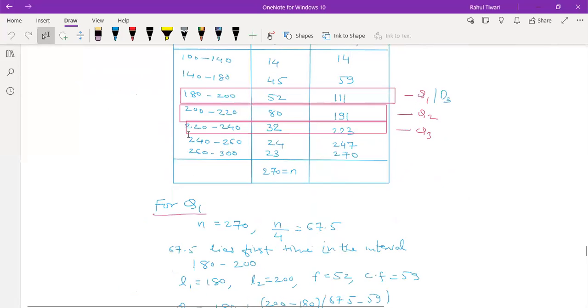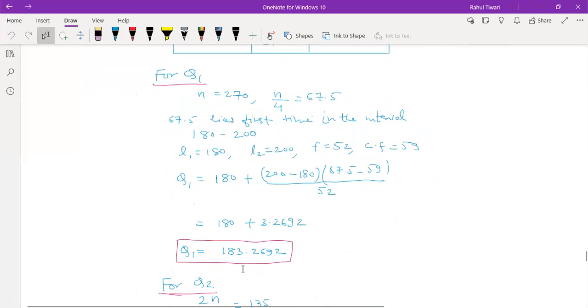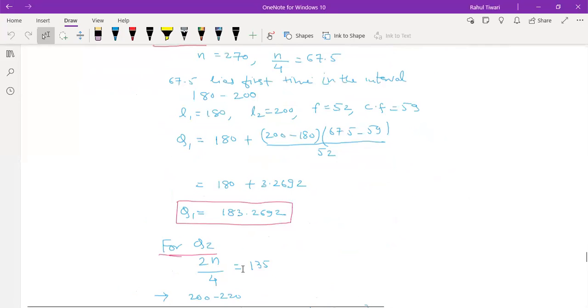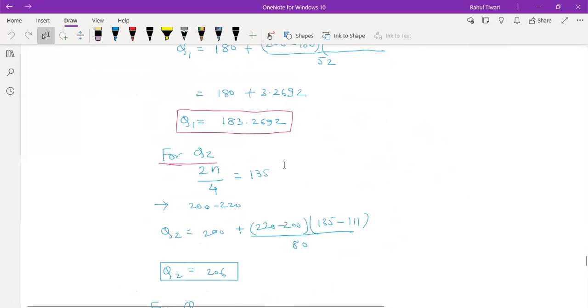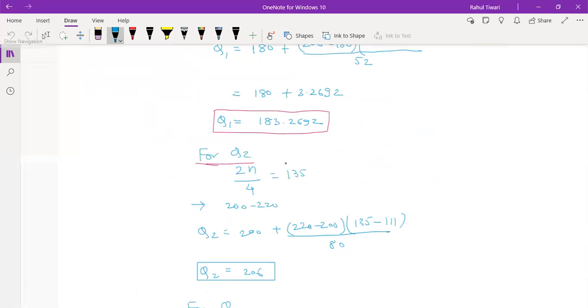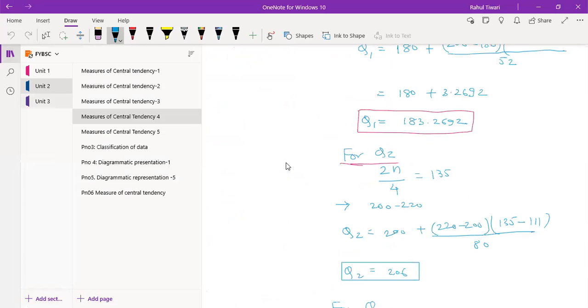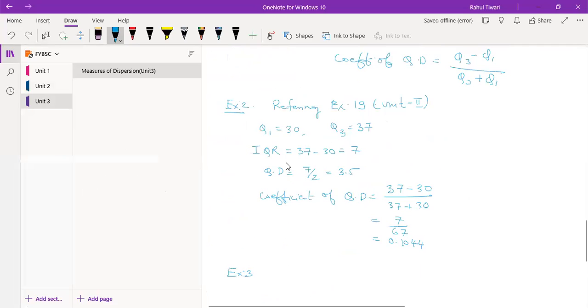You need to compute Q1 and Q3. I'm taking these data directly from unit 3, because otherwise if you start doing the calculation it will take time. So refer to example number 22 of unit 2.